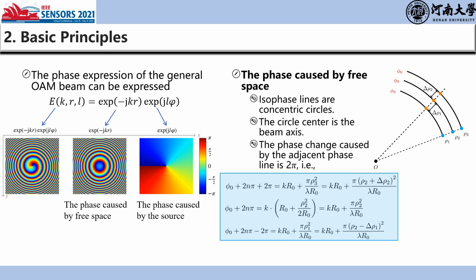Based on the geometric relationship and the definition of the isophase lines, the phase change between adjacent isophase lines is 2 pi, as shown in these equations. According to these equations, we can solve for rho 2 and therefore estimate the beam axis.